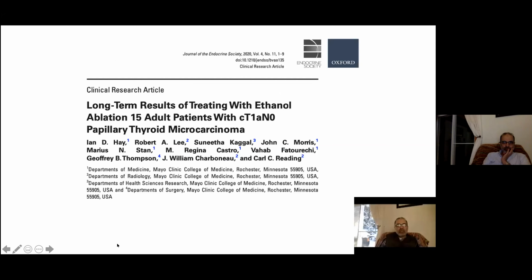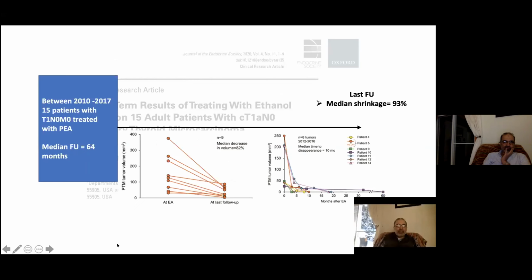This study looking at ethanol injection came out very recently, and came out of the Mayo Clinic, where they treated, over 7 years, about 15 patients, again, low risk cancer. They followed them over a course of 64 months. And essentially what they showed is that there was a 93% shrinkage in those thyroid cancers, and these patients seem to have done well.